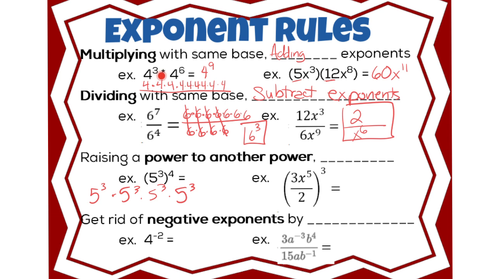Well, if I'm multiplying, which is what I'm doing here, then I'm just going to add exponents. So I end up with 12. Now, I don't really want to have to write this out every time. So if you look here, you can see that 3 times the 4, that's where that 12 comes from. So when you raise a power to another power, you're going to want to multiply exponents.